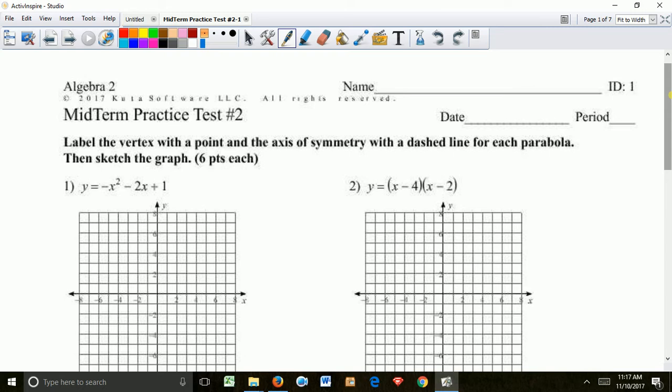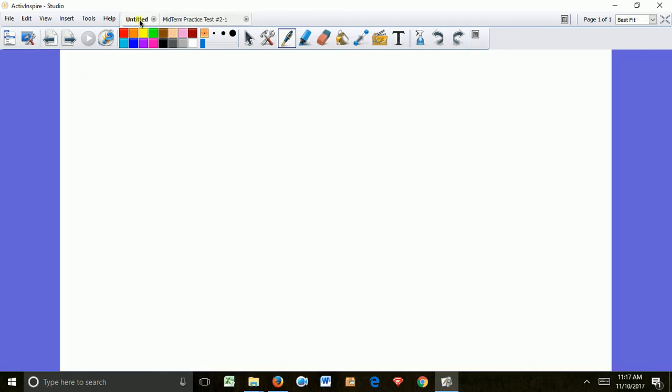Through the problems, you'll be given 3 different versions of a parabola, right? We've covered all 3 before. If you're talking about standard form, you're talking about y is equal to ax squared plus bx plus c.